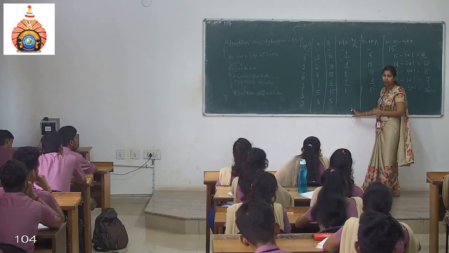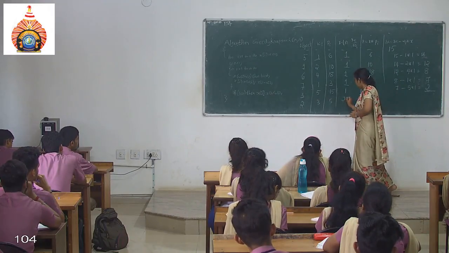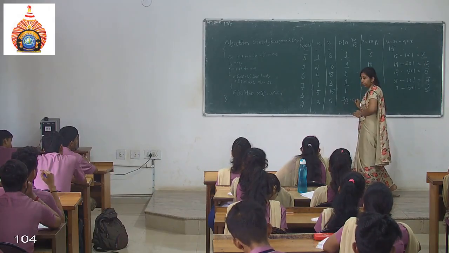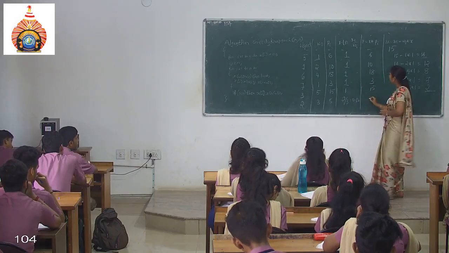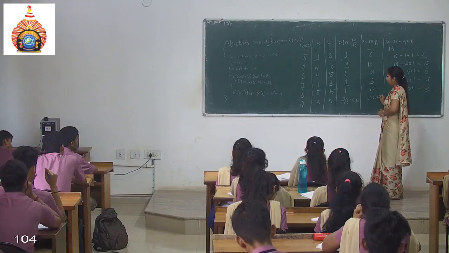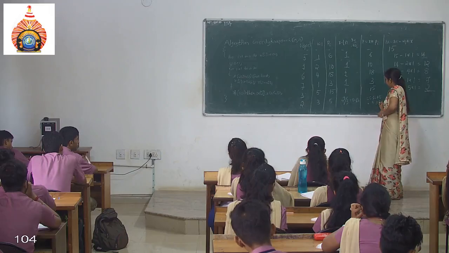So here what will I write? RC divided by WI. Correct? So RC is 2 divided by WI is 3. This is 0.66. And here profit is equal to 0.66 into 5. What is the answer? 3.33. Yes.